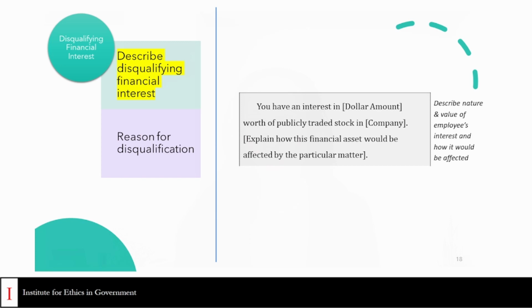The waiver, therefore, should describe both the financial holding or other interest that could be affected by the matter, as well as describing how the particular government matter could affect the interest.